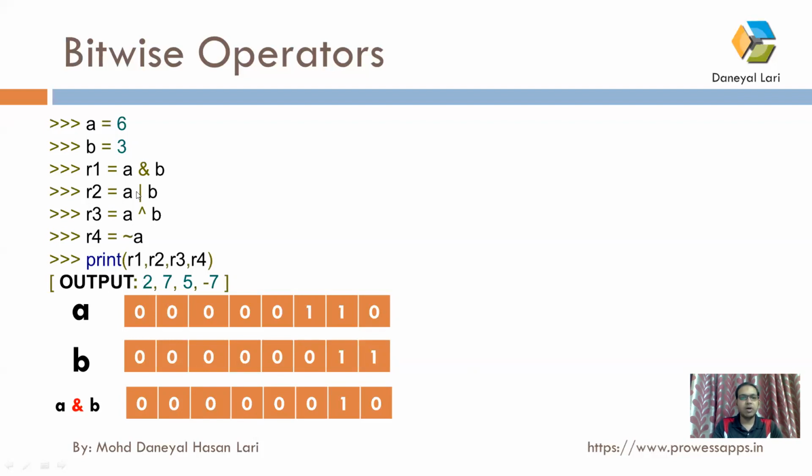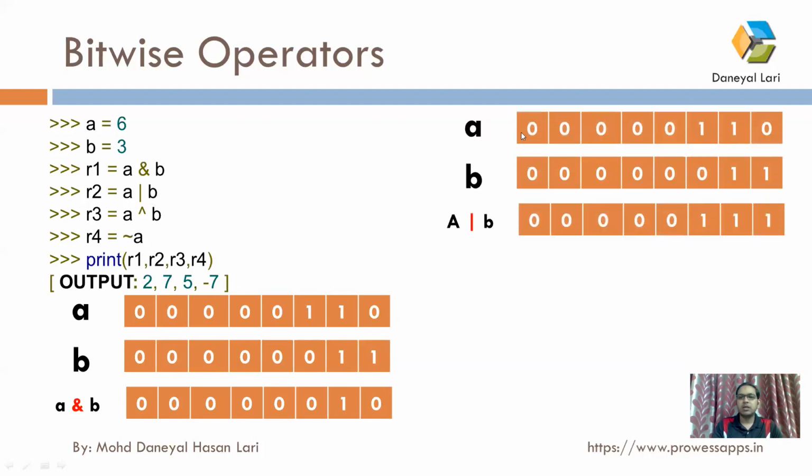Similarly, if you perform the OR operation between A and B, here this is A's bit pattern and this is B's bit pattern. As we know, the OR operator will give you 0 only when both bits are 0.